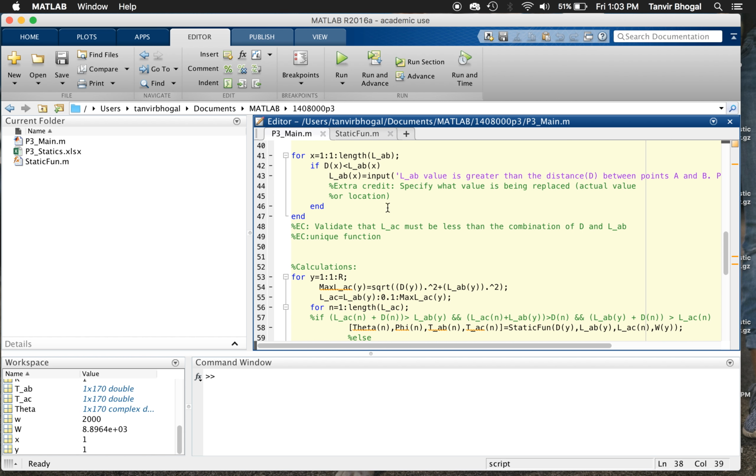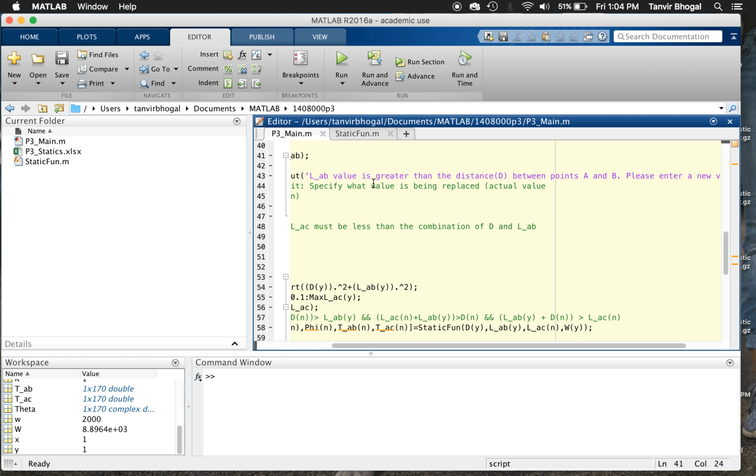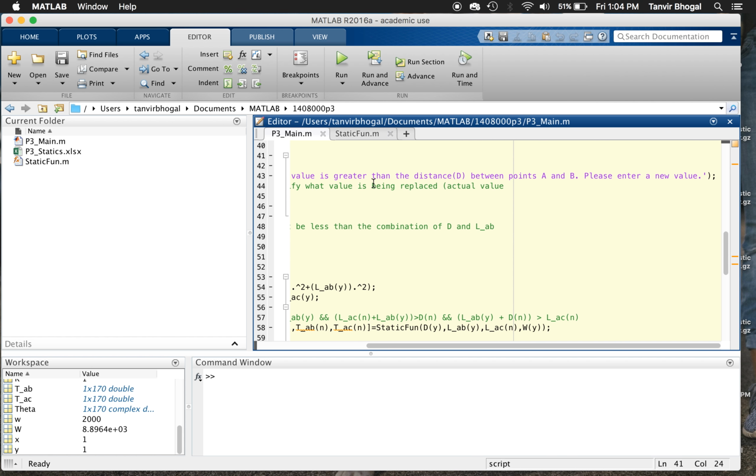Another data validation step that we did here was to make sure that LAB was always less than D. So I initialized a counter and said for X starting at 1 going to the length of LAB, so every value of LAB, if for some reason LAB was greater than D of X, then we gave a warning message to the user: LAB value is greater than the distance D between the points A and B. Please enter a new value.